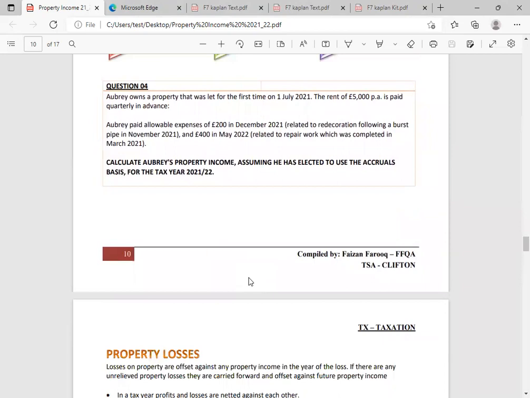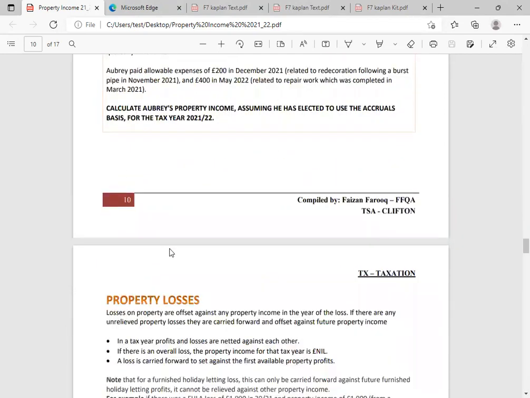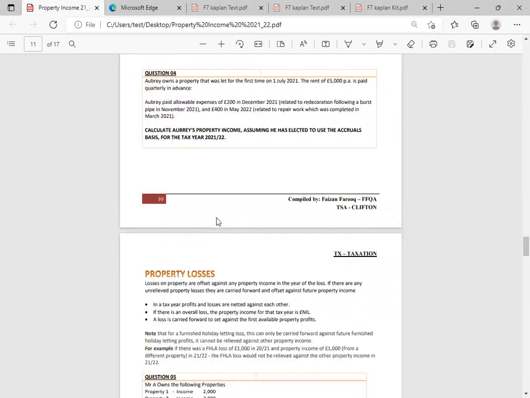Now the next question in front of you, please read out. Aubrey owns a property that was let for the first time on 1st July 2021. The rent was £5,000 per annum, paid quarterly in advance.